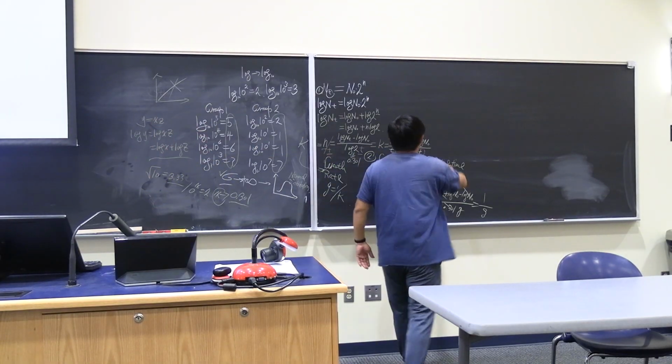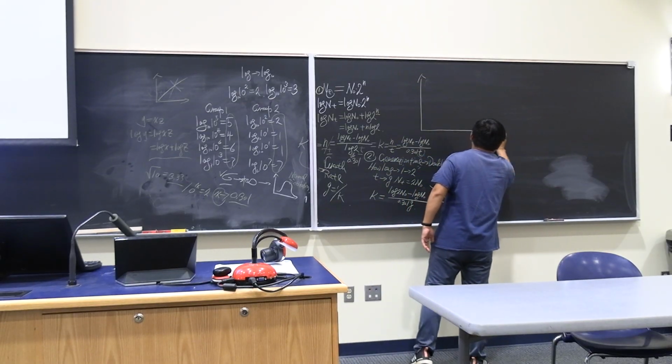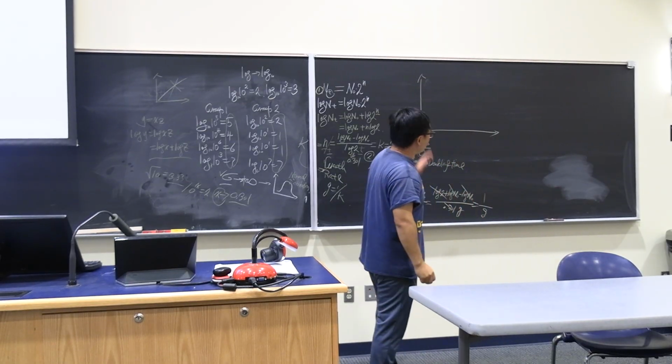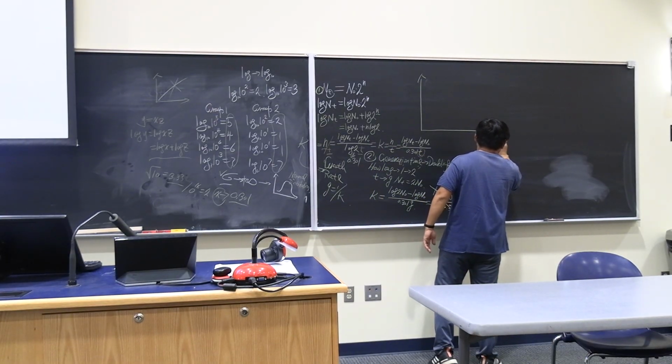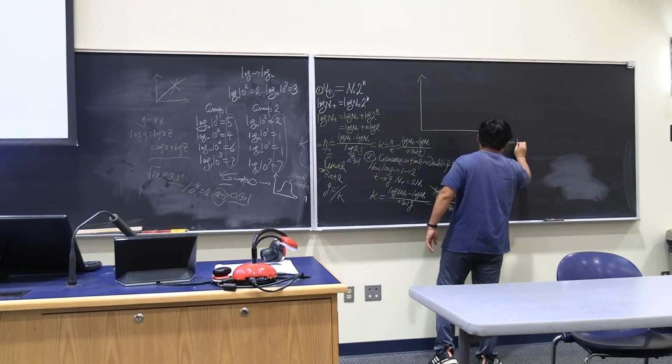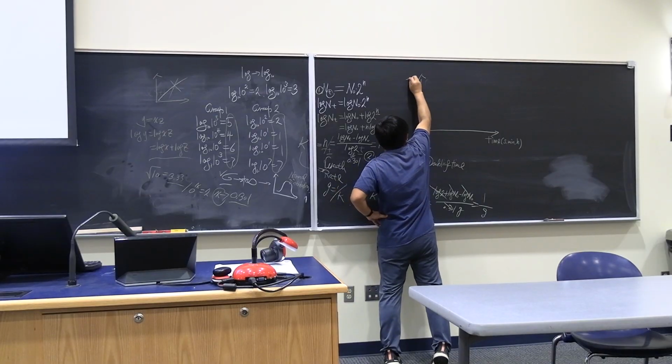So what does it look like? We have an x-axis and a y-axis. The x-axis is always time. That could be seconds, minutes, or hours. And the y-axis is always the population.